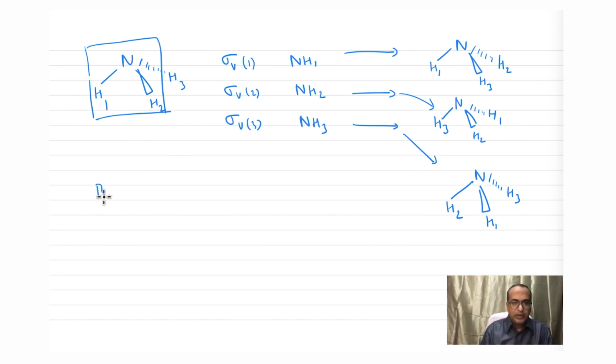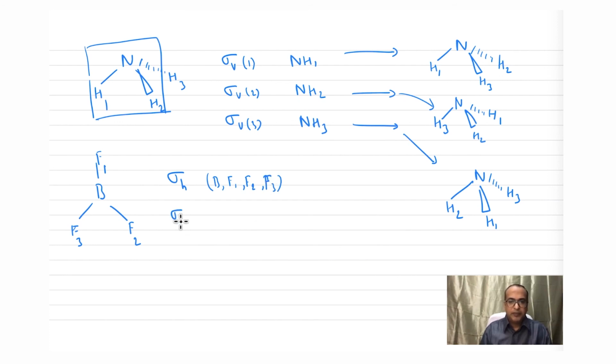Now similarly, look at BF3. We have discussed this molecule earlier, when we were discussing the proper axis of rotation. Here we have one sigma H, which contains B, F1, F2, F3, all four atoms.